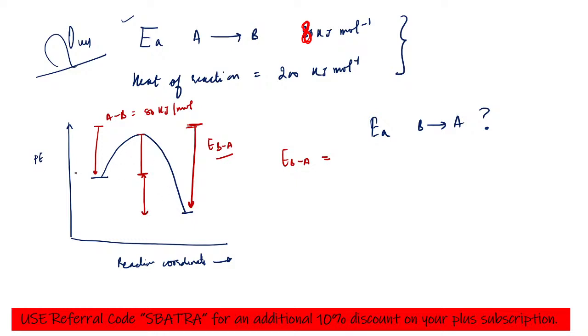So we can write the activation energy of AB plus delta H, that is your heat of reaction. This value is 80 kilojoules per mole and this value is 200, so the correct answer for this question would be 280 kilojoules per mole.